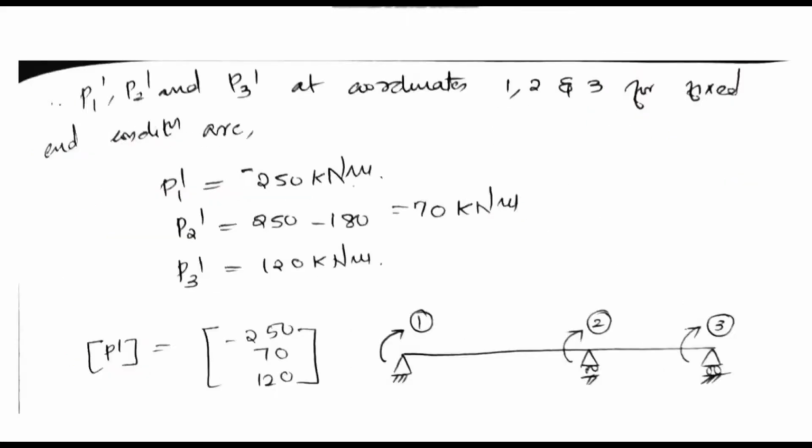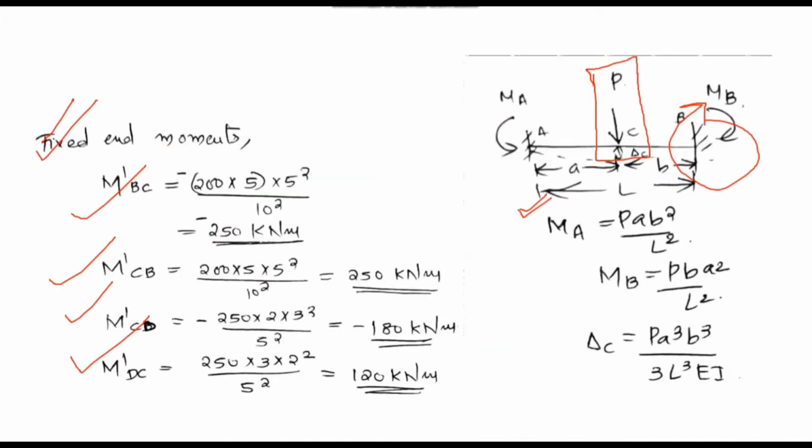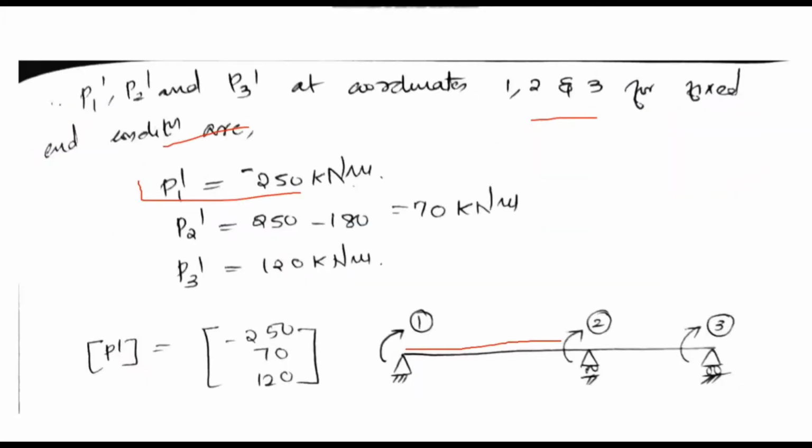P1 dash, P2 dash and P3 dash, the restoring forces at coordinates 1, 2 and 3 for fixed end conditions, are as follows. For P1 dash it will have the effect of BC only. So the value of BC will be minus 250 kilonewton meter. For P2 dash it will have the effect of CB and CD.